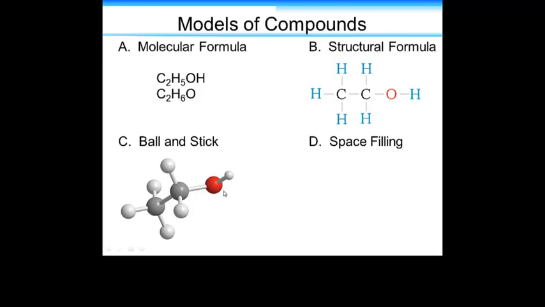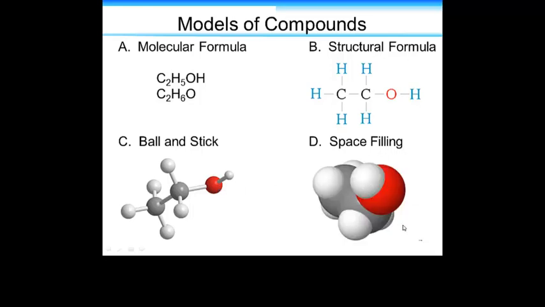Oxygen atoms are generally red. Then we have the space-filling model for ethanol, similar to the space-filling model you saw previously for water. And it's perhaps a little more accurate in a sense because atoms are really these spherical clouds of electrons on the outside with a nucleus in the middle.